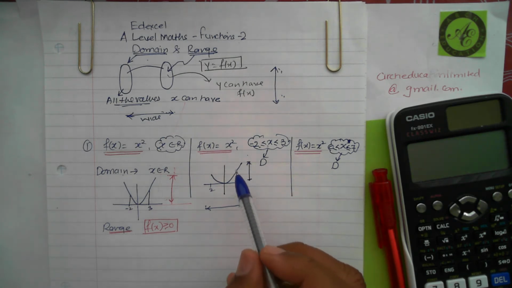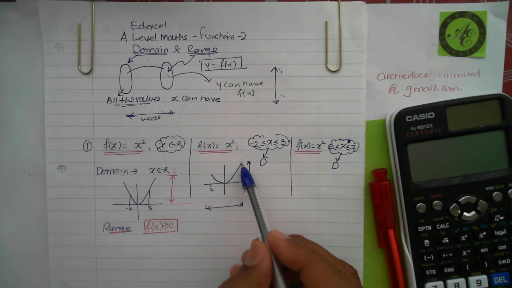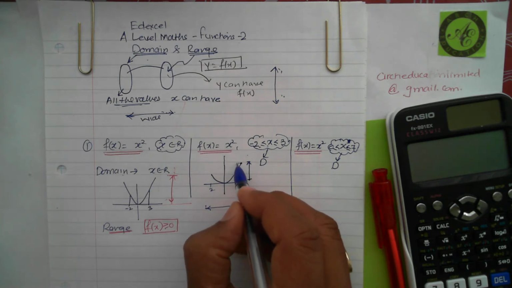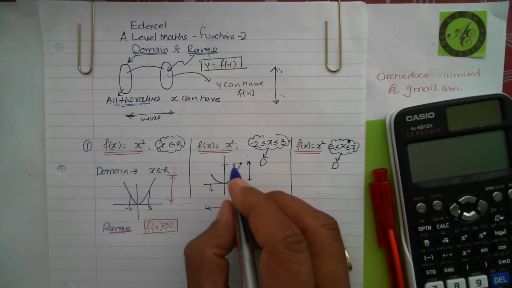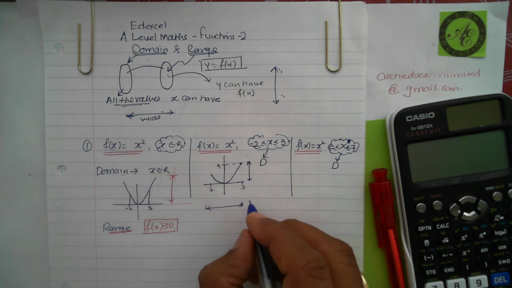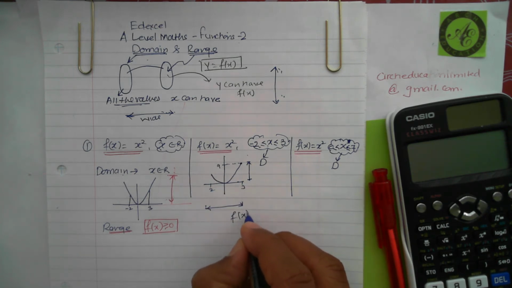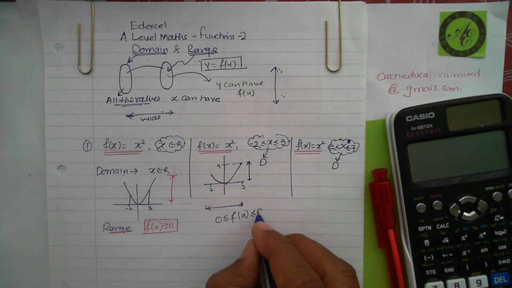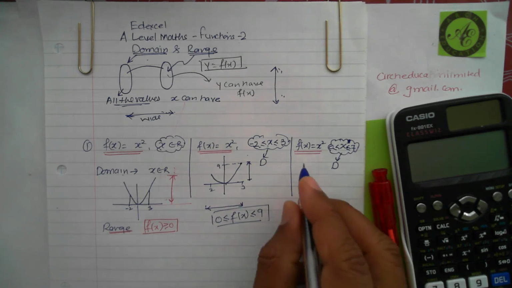This time, on the upper limit, the graph cannot go beyond this point because it is not defined after that. When x equals 3, this is 9. So the range is f(x) greater than or equal to 0, which is the minimum point, and less than or equal to 9, which is the highest point.